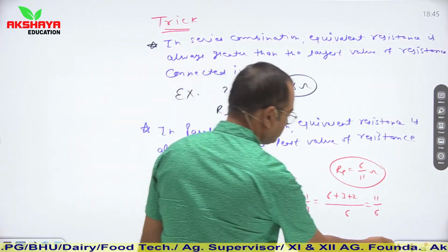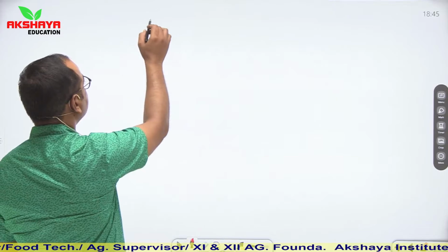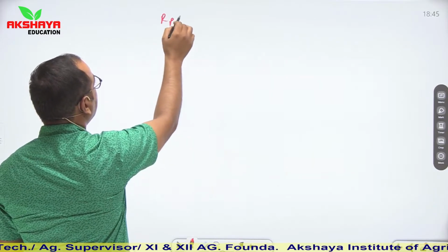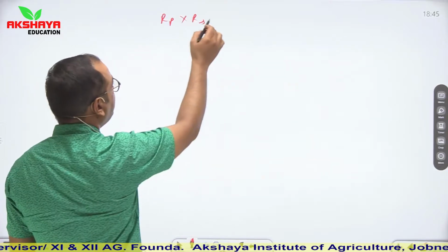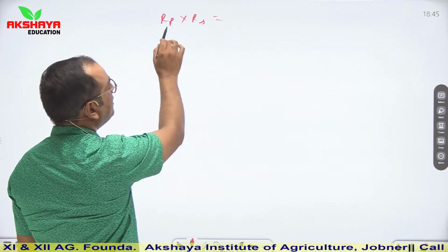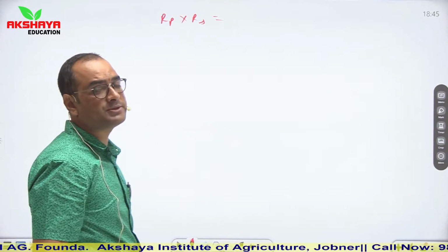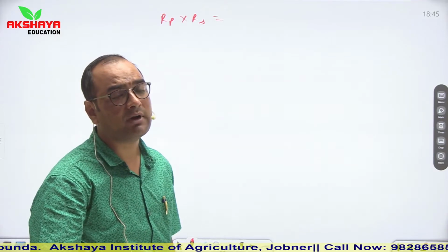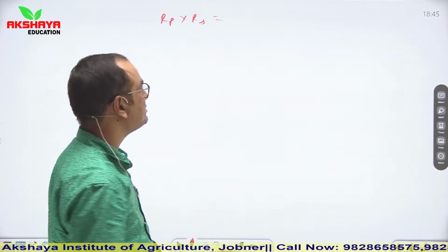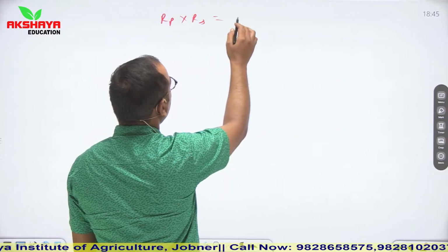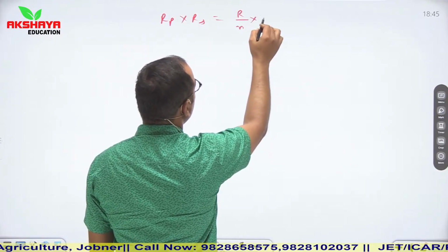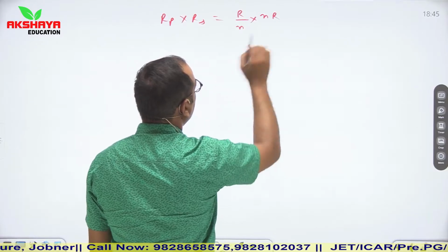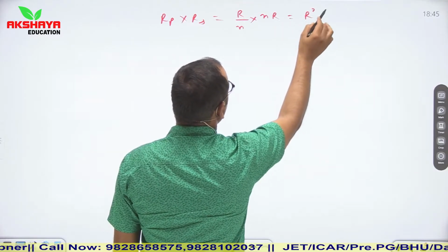Now, this is the general trick. Sometimes you are asked the multiplication of the resultant of series and parallel, Rp into Rs, if equal resistors are connected in series or parallel. In case of parallel combination this value is equal to R upon n, and in case of series combination this value is n into R. So the resultant is R square.